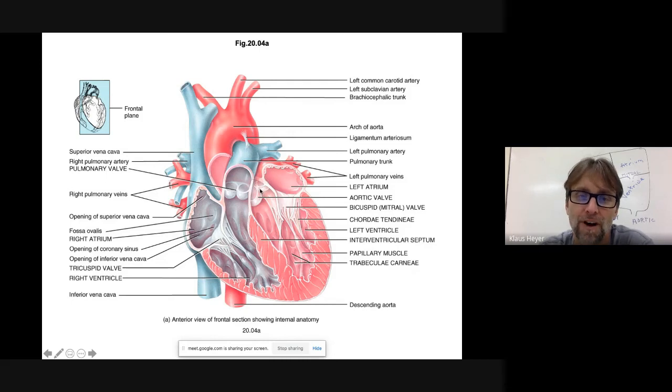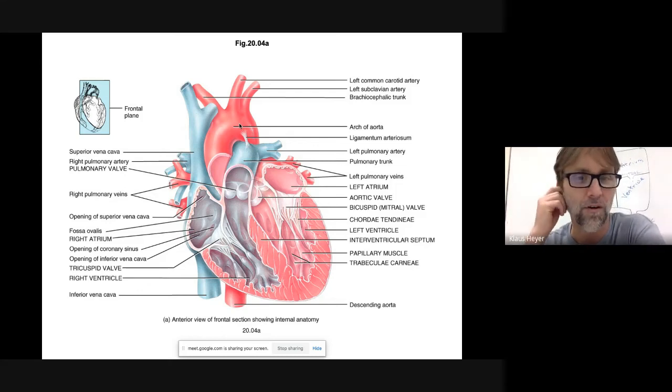And here's the aortic valve. Blood comes in here and goes out the aortic valve into the aorta. When you really look at the heart, it's a little more confusing because it's going different directions and some things are in front of other things. It's hard to tell where all these things are initially.